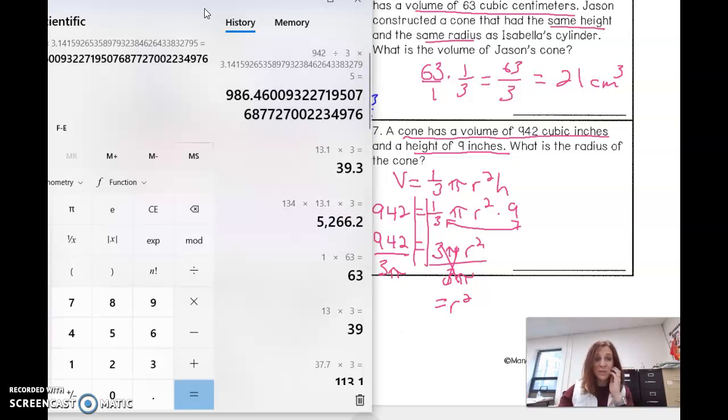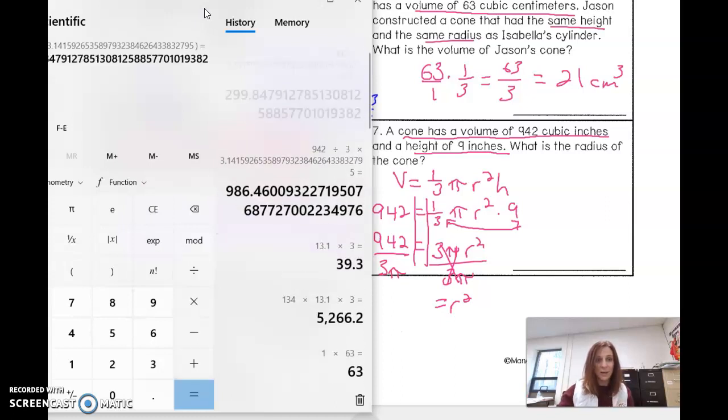That's not what we wanted. So you have to be careful. You have to go 942 divided by, then in parentheses, put 3 pi. Because then what it does is it takes this pi here and times it by 3, and that's what it divides by.